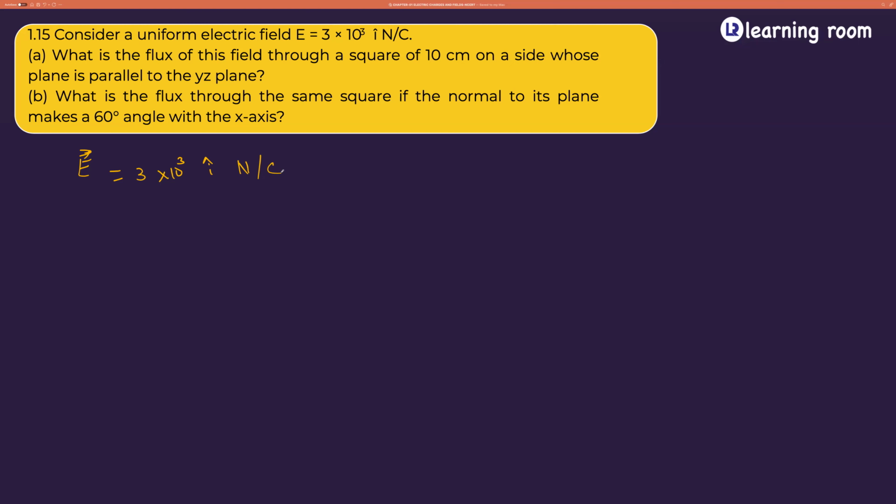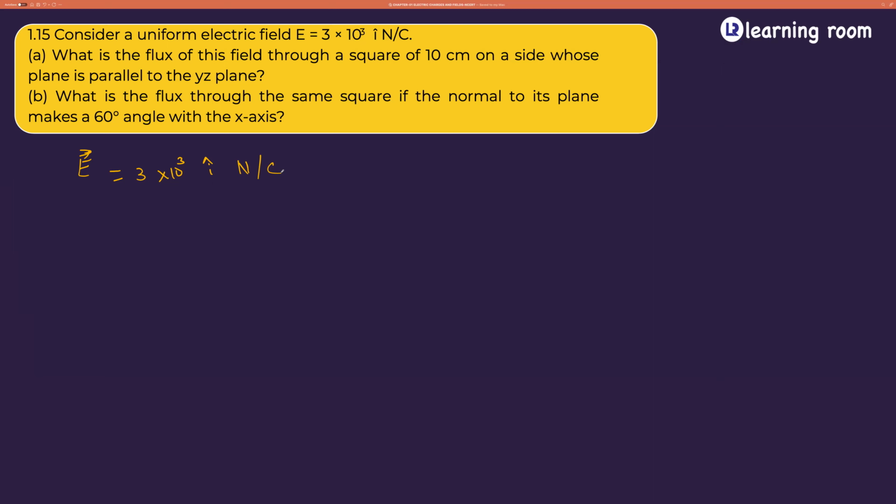Meaning? See, this is x-axis, y-axis, z-axis. Whose plane is parallel to YZ plane means it is something like this. This is y, this is z. So this is the YZ plane, and this is how the electric field is.